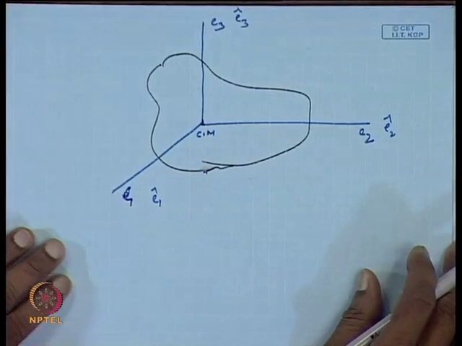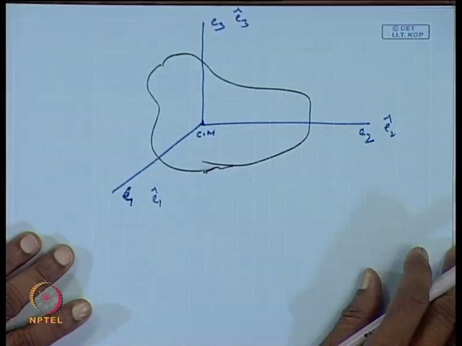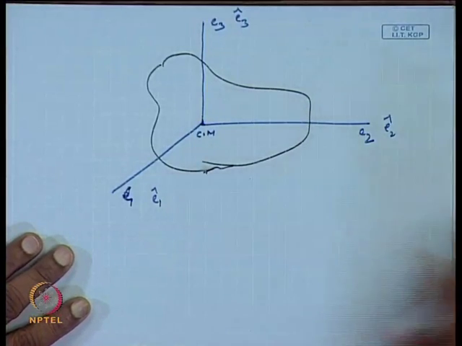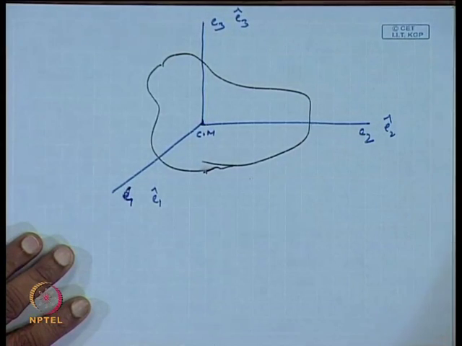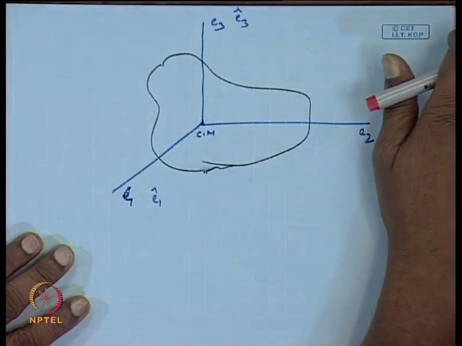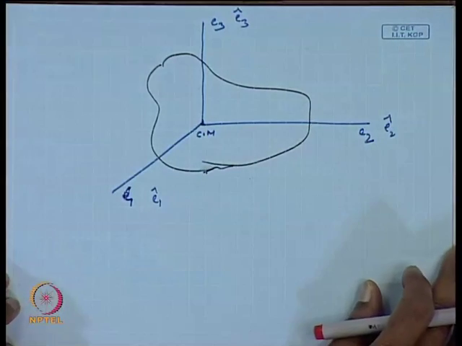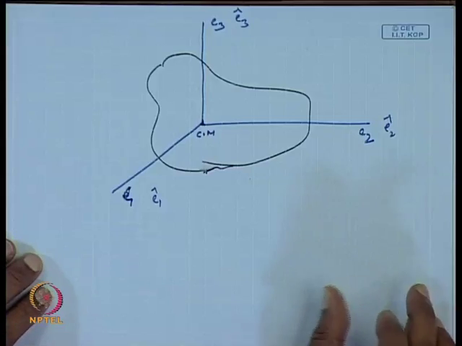Now, say your principal moment of inertia. For a real symmetric matrix you will get 3 eigenvalues. They indicate the 3 principal moments of inertia, and the corresponding eigenvector will tell you the direction of the principal moment of inertia.